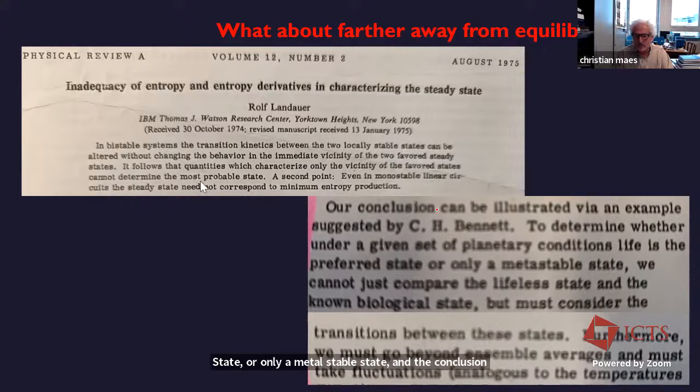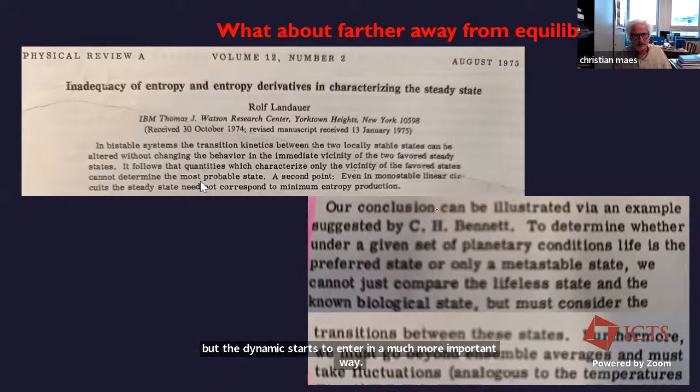You cannot just compare the lifeless state and the non-biological state. You must also invoke the transitions between these states. You have to understand fluctuations, you have to go beyond ensemble averages, and the dynamics enters in a much more important way. This is summarized in what has nowadays been called the blowtorch theorem.